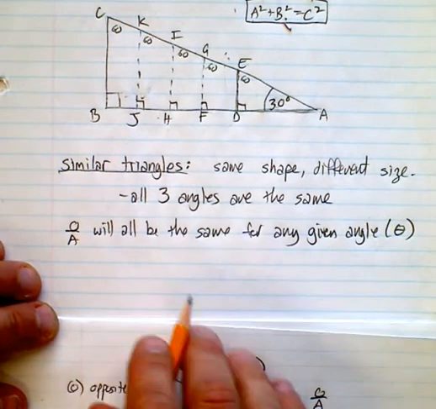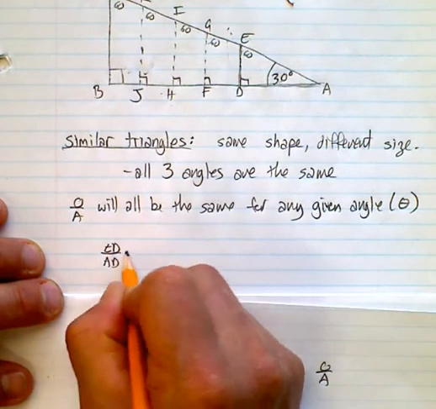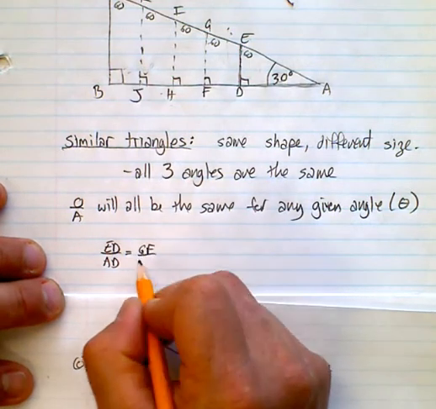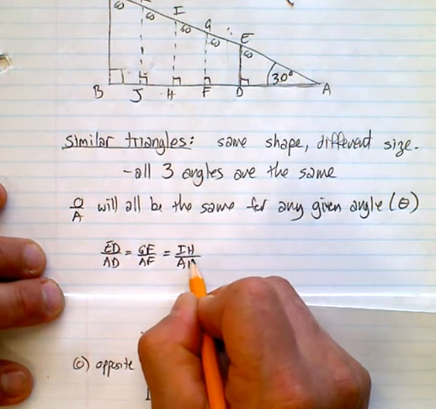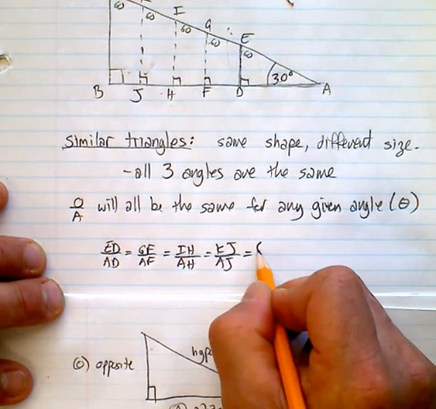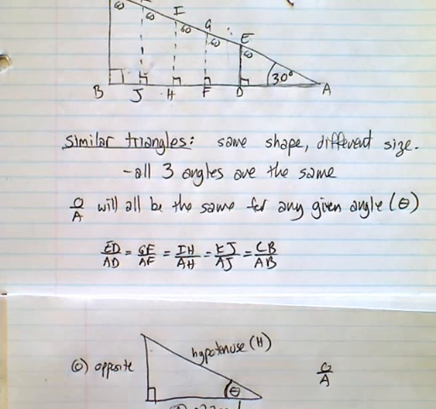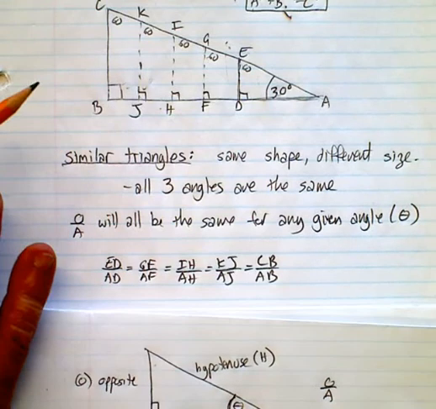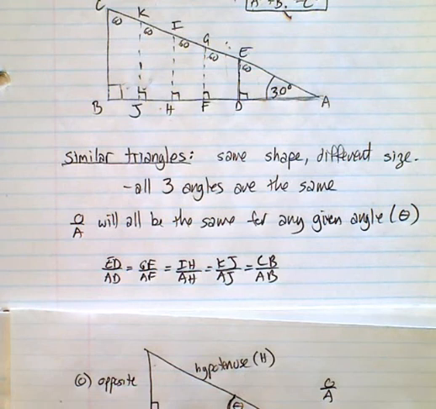So what that means is that ED over AD will equal GF over AF, which will equal IH over AH, which will equal KJ over AJ, which will equal CB over AB. These are all going to be the same. And it's like that because you have a fixed reference point here for the 90-degree angle. So for 30 degrees, that opposite over adjacent will be the same the whole way through.